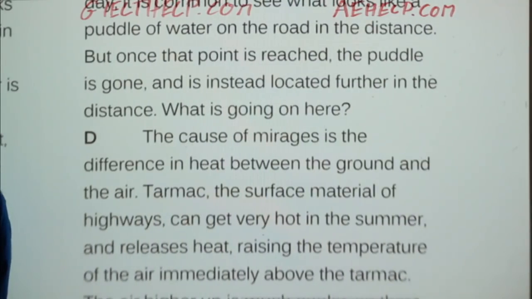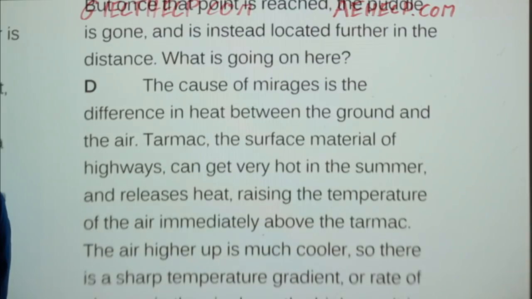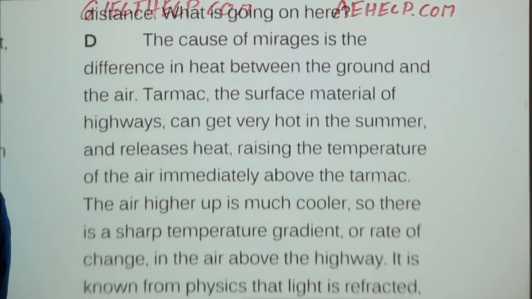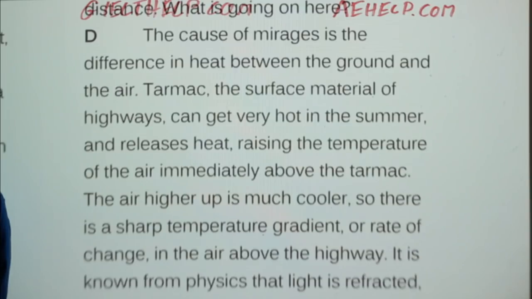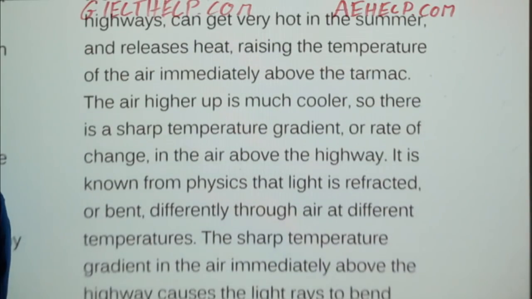What is going on here? The cause of mirages is the difference in heat between the ground and the air. Tarmac, the surface material of highways, can get very hot in the summer and releases heat, raising the temperature of the air immediately above the tarmac. The air higher up is much cooler, so there is a sharp temperature gradient, or rate of change, in the air above the highway.